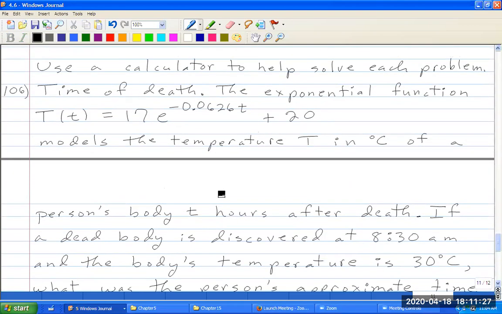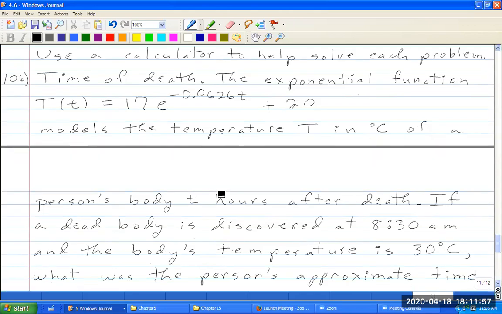Problem number 106. Use a calculator to help solve each problem. Time of death. The exponential function T equals 17e to the negative 0.0626t plus 20 models the temperature T in degrees Celsius of a person's body t hours after death.